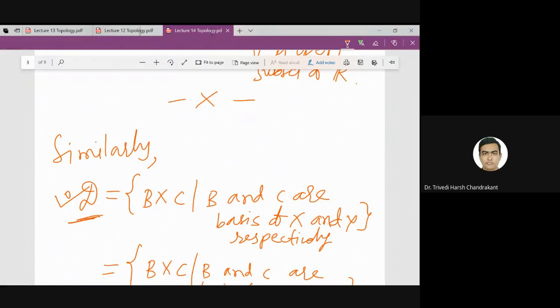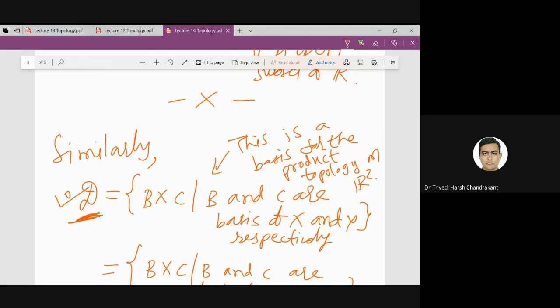From that exercise we know that this is a basis for the product topology on R2. And on the other hand, what is the basis for the standard topology on R2?